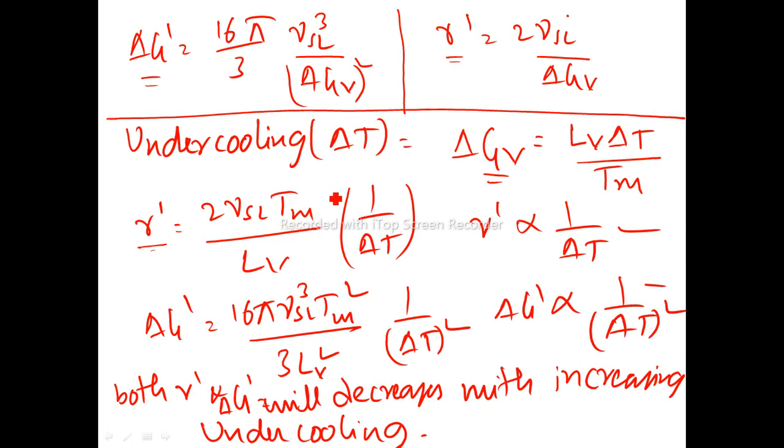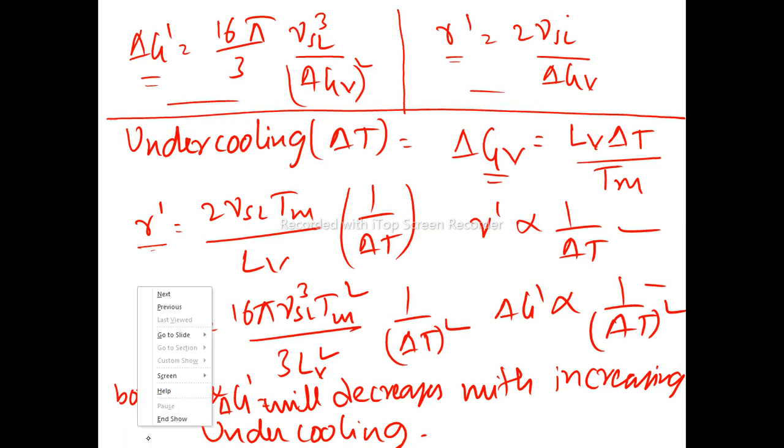As we reduce the temperature more, the critical nucleus size will reduce. That means the tendency of formation of nucleus will increase. This is the most important thing I want to convey from this video lecture.